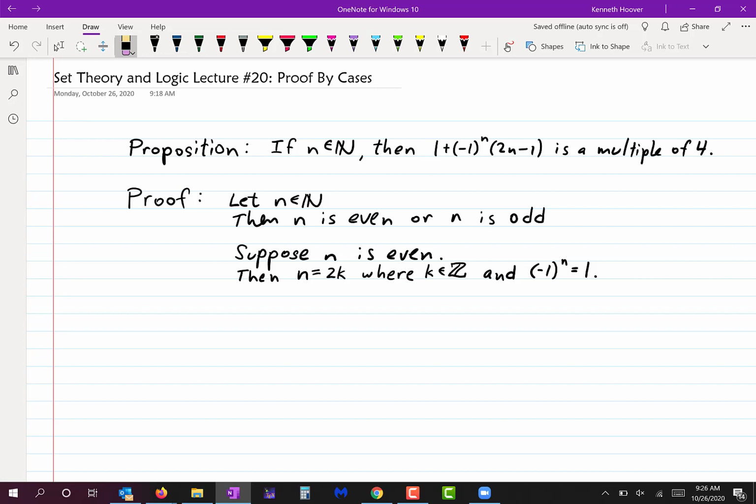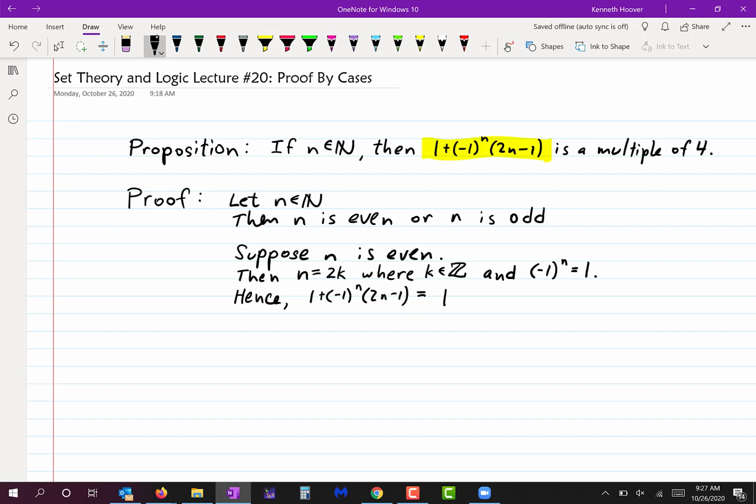Okay? All right, so let's see what that number would look like. Hence, 1 plus negative 1 to the n times 2n minus 1 will equal what?